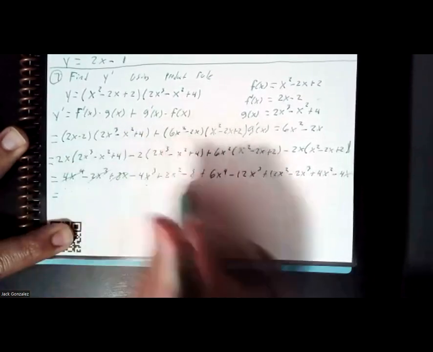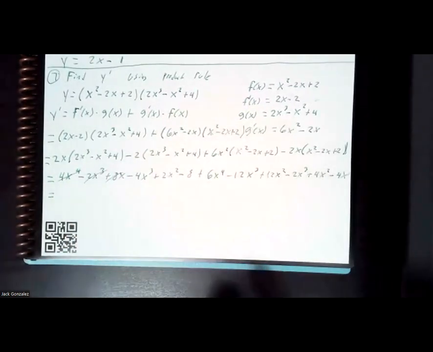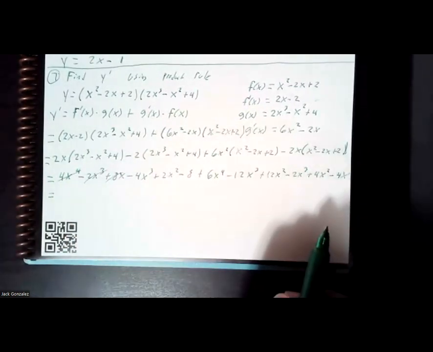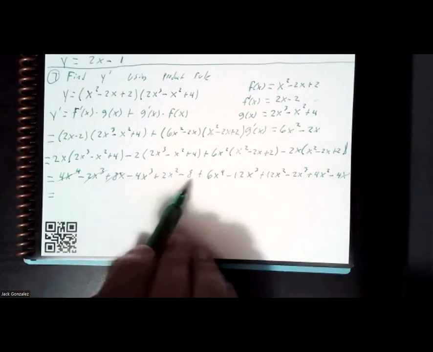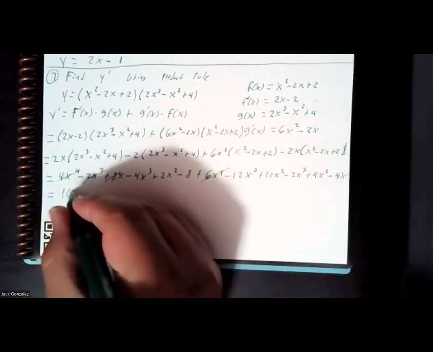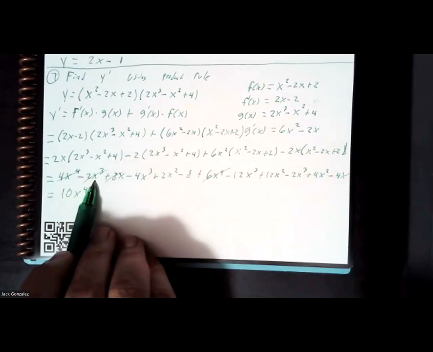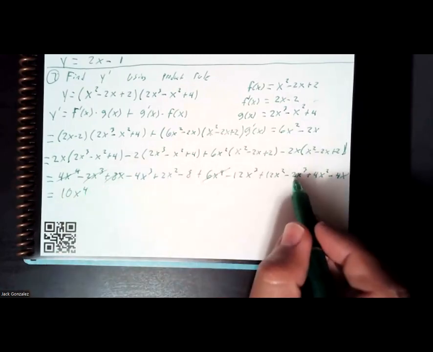Yeah, so it looks like it's going to be one of the two x to the fourth powers. But I don't know which one. Okay. So 4 plus 6, this would be 10. Negative 2x cubed, same garbage right there.